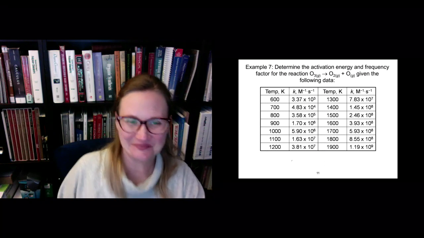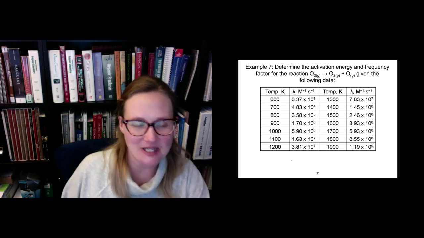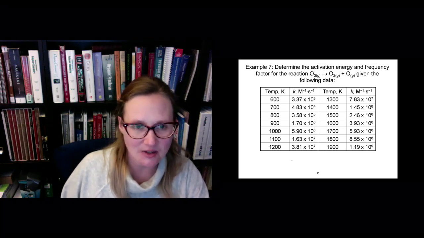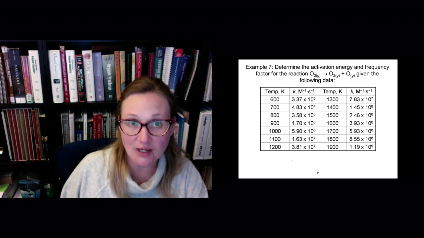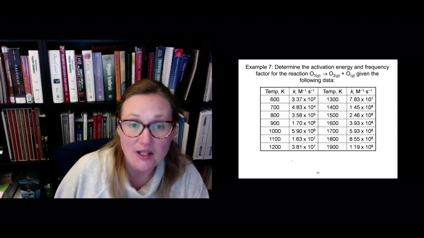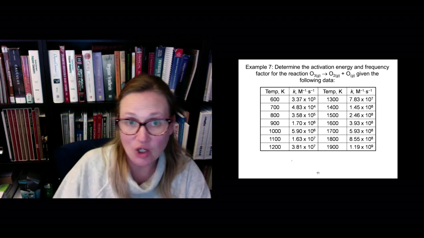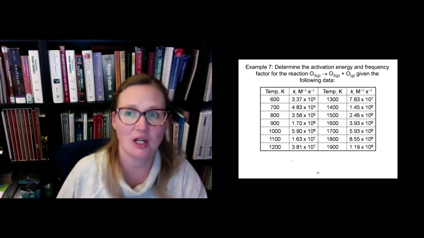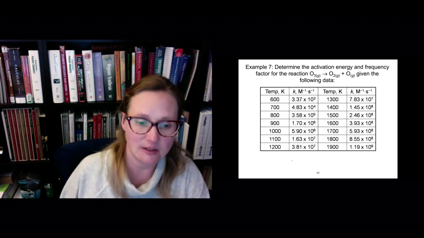All right, so here we have some data. We have taken a series of measurements at different temperatures, and we've measured their rate constants. So we can plot this data and determine, what is the activation energy? What is the frequency factor?